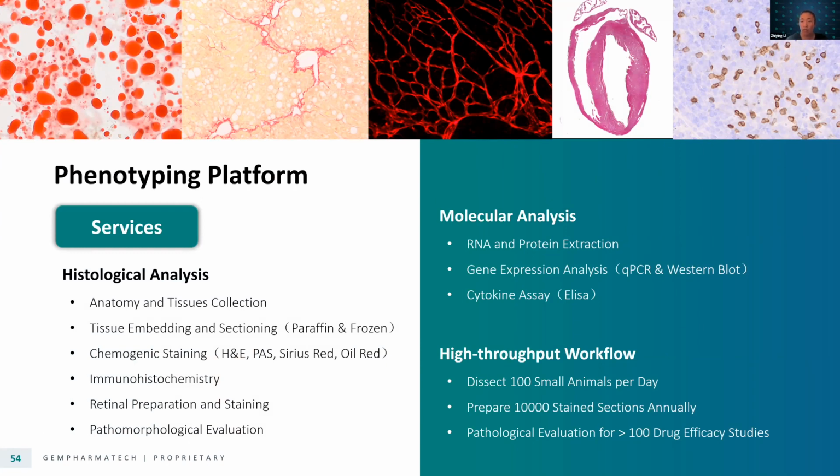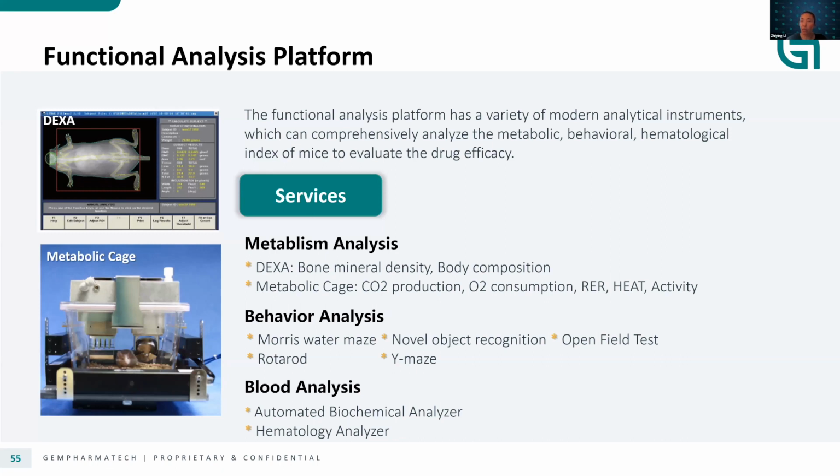Within this phenotyping platform, what we can do is validating the DNA where the mutation is supposed to take place, as well as RNA, protein, and all the way until cellular analysis, as well as tissue sectioning, using H&E staining, as well as IHC in order to characterize how the mutation has been leading to cellular or tissue level changes. And then once we verify that, what we can also do is functional analysis of the mutation in the function of the whole body, of the organ, or of the living mice.